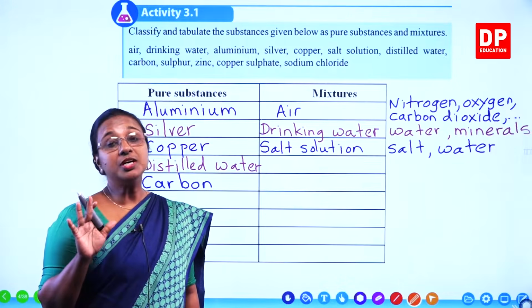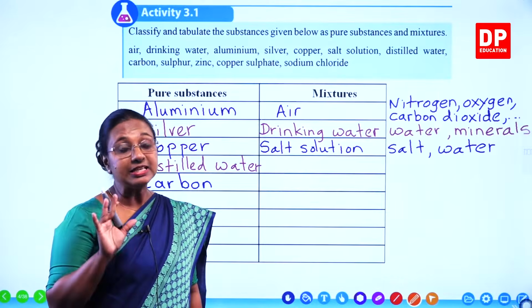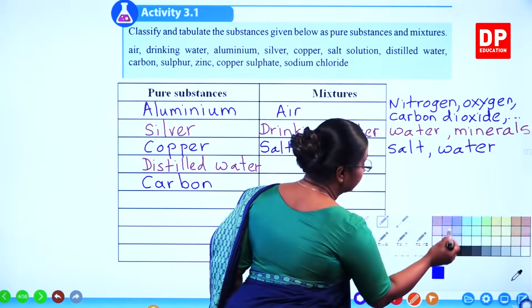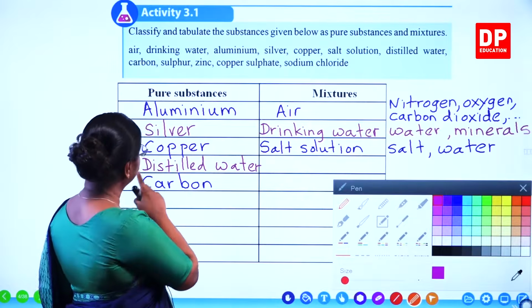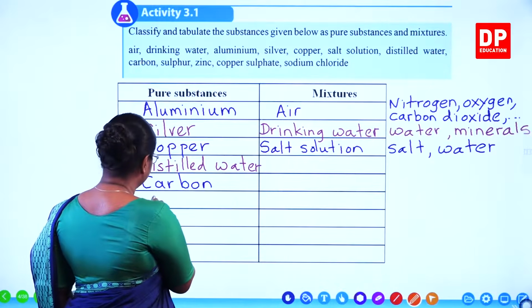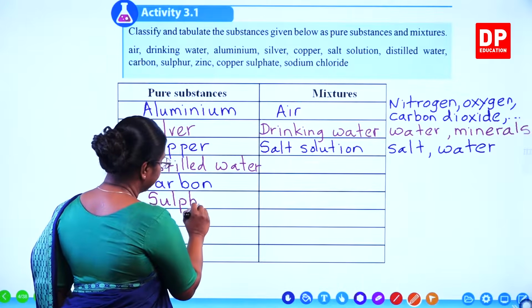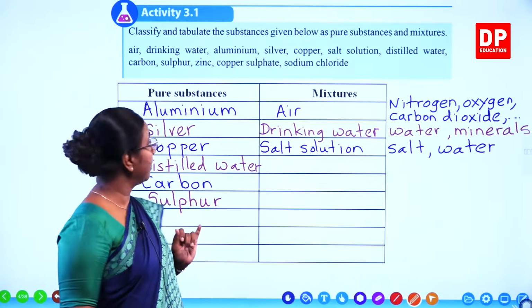Sulfur is also a pure substance. If I will show you all in the lab, it is a yellowish color crystalline solid substance. So that is again a pure substance. That is an element. We will discuss that. So sulfur again is a pure substance.